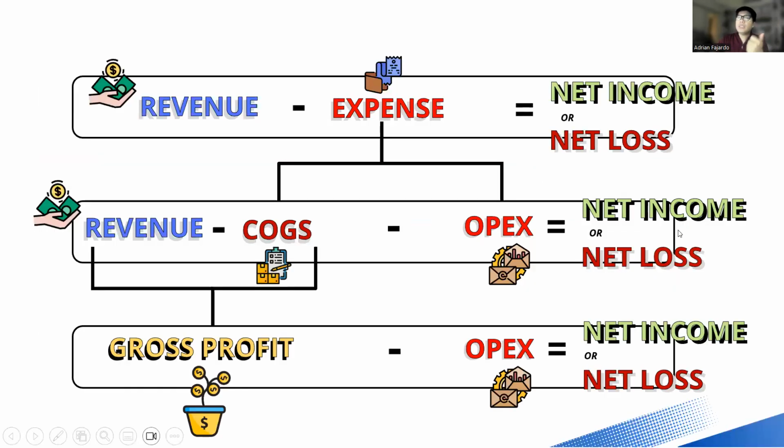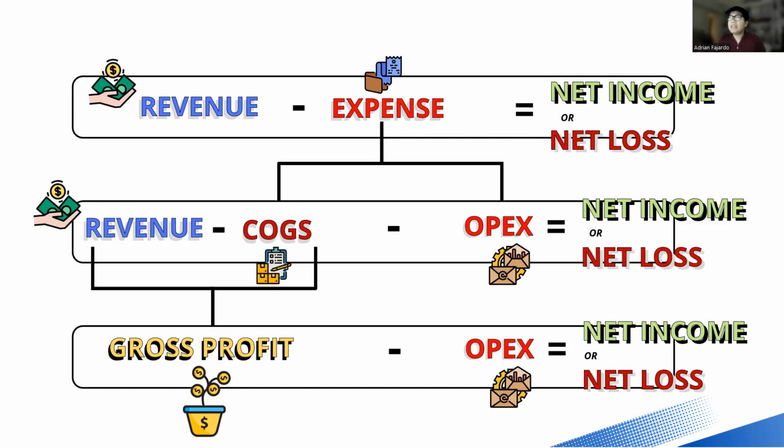So number 1 would be in terms of solving for our net income. Like what I've mentioned earlier, for module 1, we were following the revenue minus expense is equal to net income and net loss. For module 2, we just made it a bit more difficult by taking into account merchandising operations.